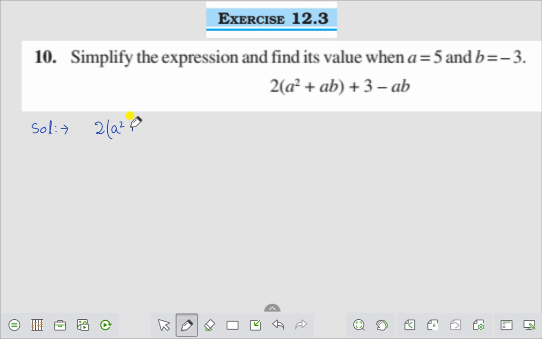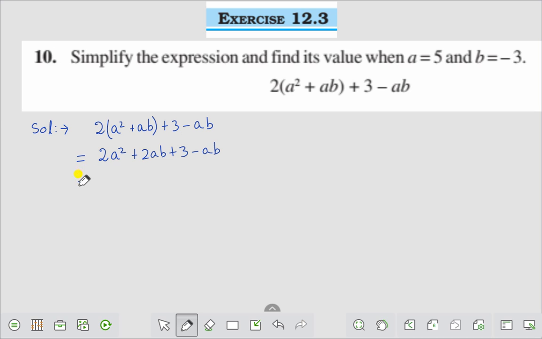The value is 2 into a square plus ab plus 3 minus ab, that is equal to 2a square plus 2ab plus 3 minus ab.